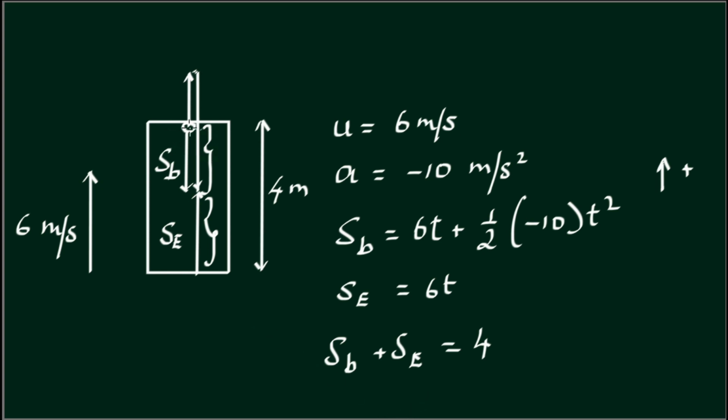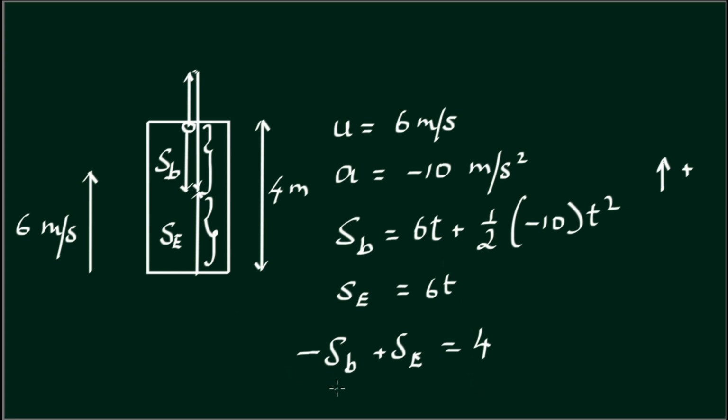That's because if you look at this drawing carefully, the displacement of the bulb is negative. Whereas the equation is this distance plus this distance is 4 meters. So what I want is the magnitude of the displacement of the bulb. Since the displacement of the bulb is negative, to get its magnitude, I multiply it by minus 1. The displacement of the elevator, on the other hand, is already positive, so it's equal to its magnitude. So this is the right equation.